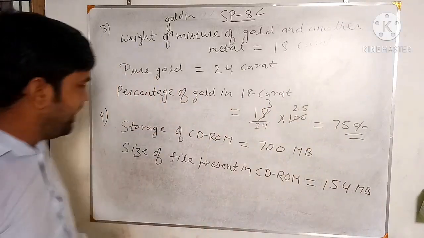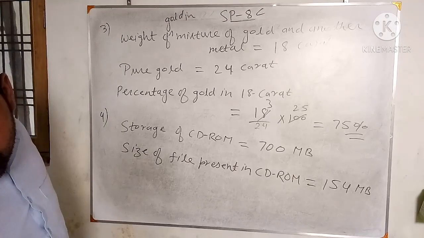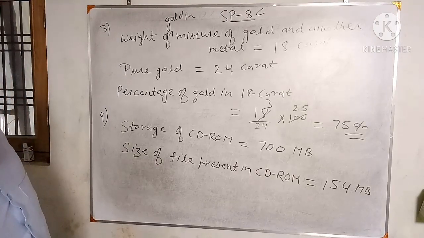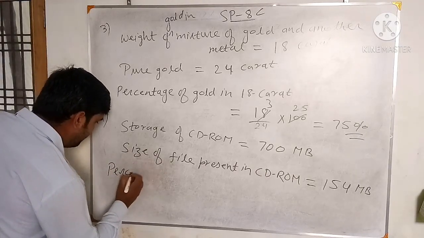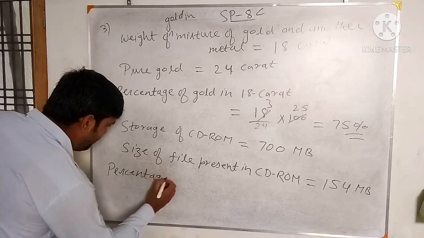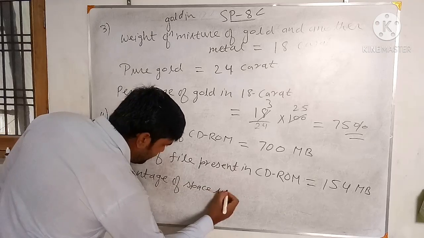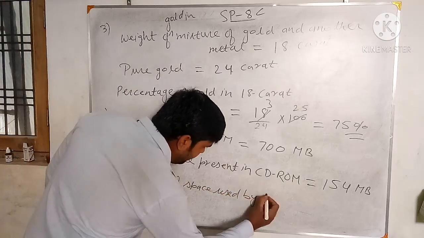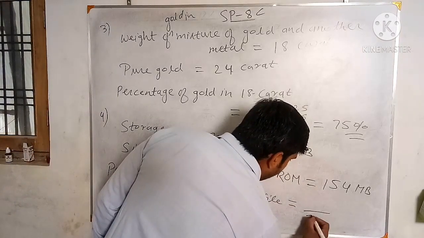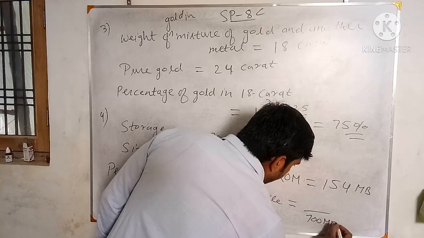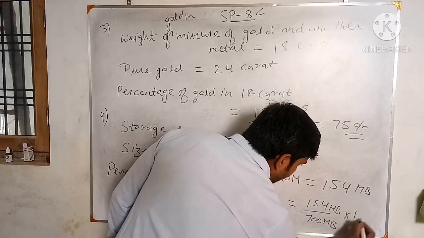So what percentage of space in the CD is occupied by the file? That is asked here in the question. What percentage of the space is used by the file? So the percentage of space used by the file equals, out of total storage space of 700 MB, 154 MB is used, into 100.